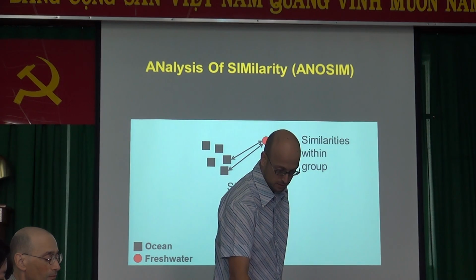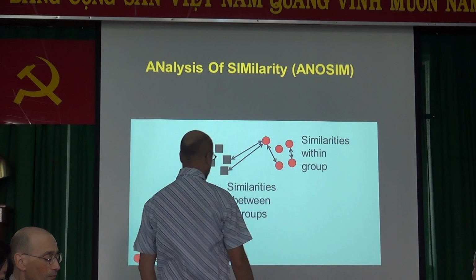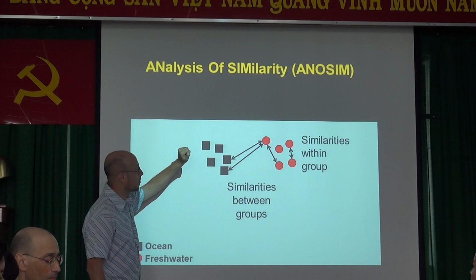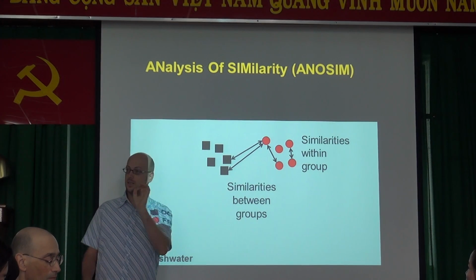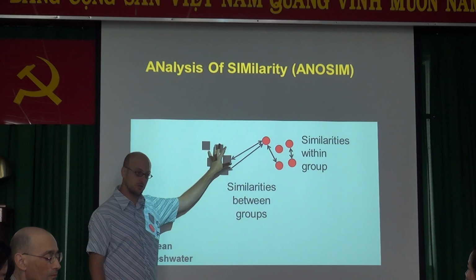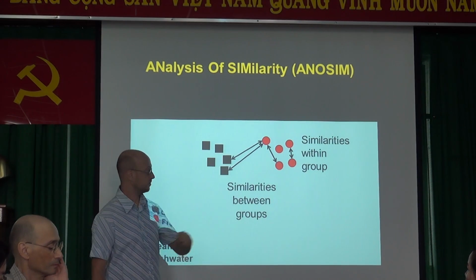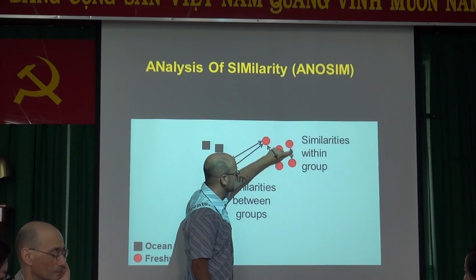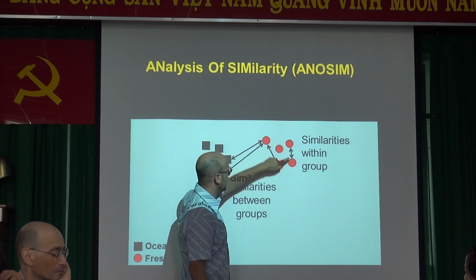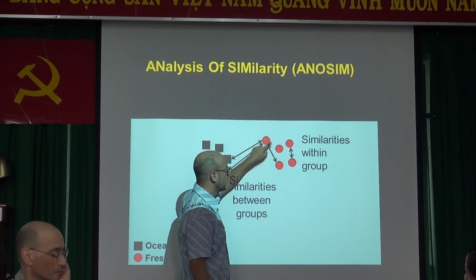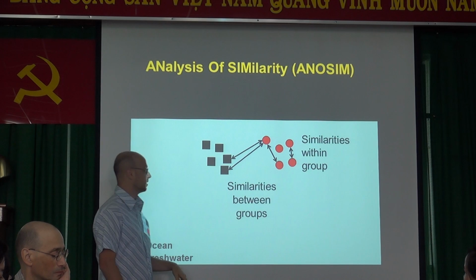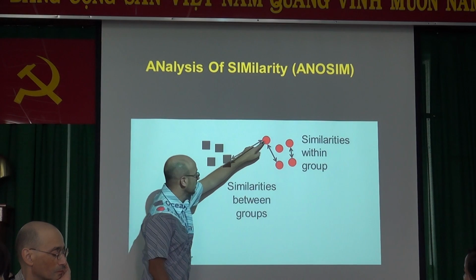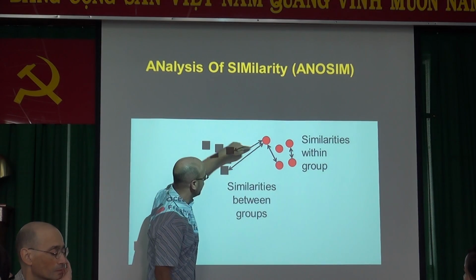And how does it do that? What ANOSIM does, the computer does it automatically, is it measures the Bray-Curtis distance within the group, so the distance between members of the same group, and it also measures the similarities between the groups, so the distance between members of the different groups.